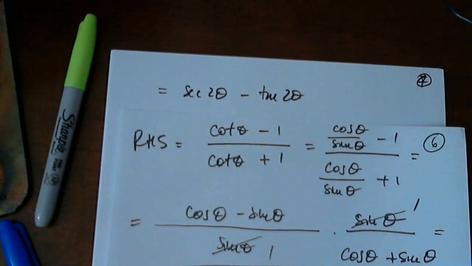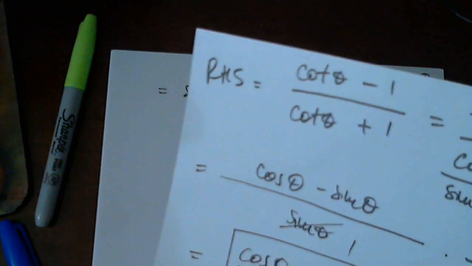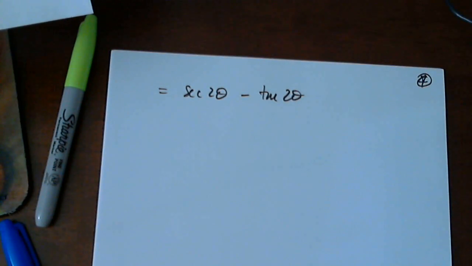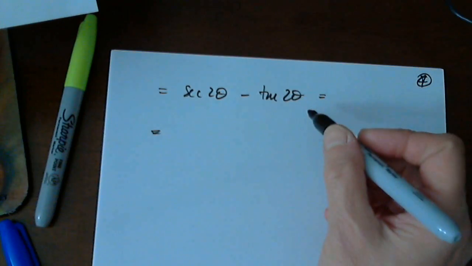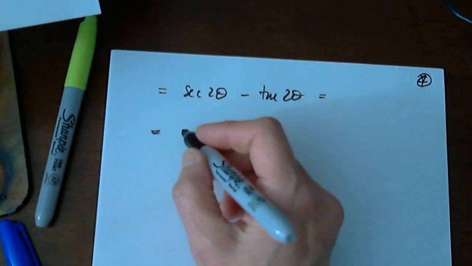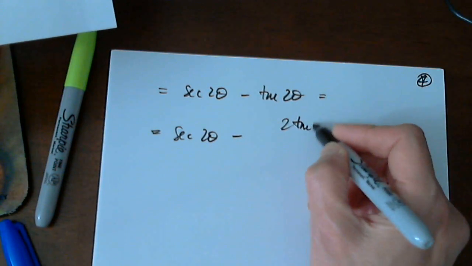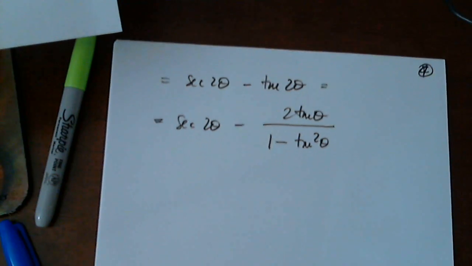But how do I get from secant 2 theta minus tangent 2 theta to this? 1 over cosine, okay. Secant 2 theta minus 2 tangent theta over 1 minus tangent squared theta.